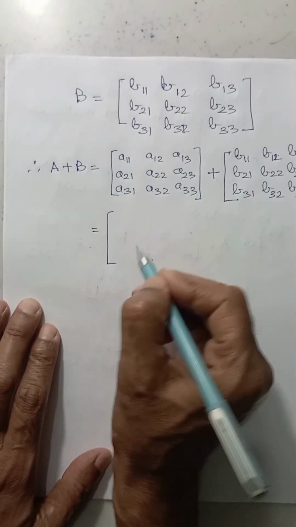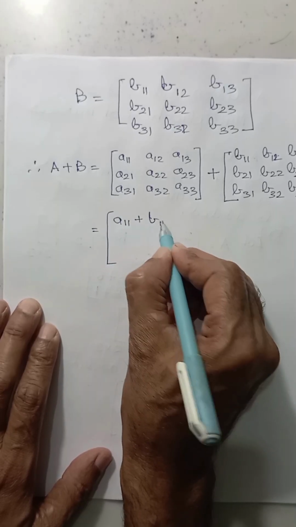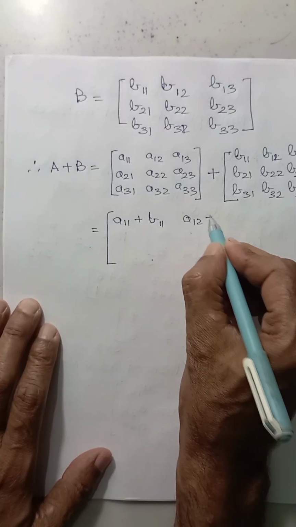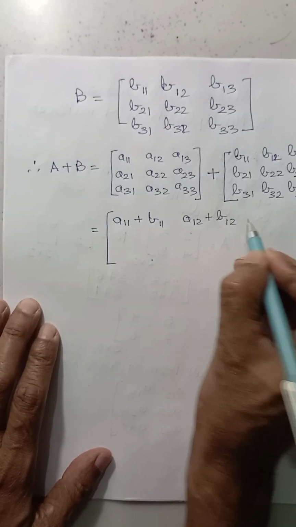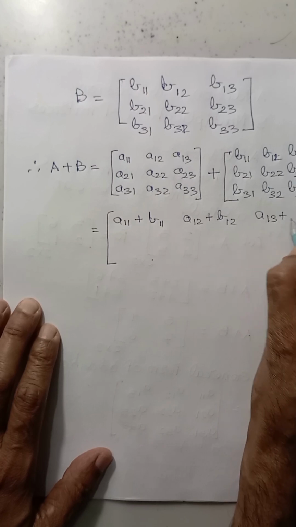So here the resultant matrix will be A11 plus B11, A12 plus B12, A13 plus B13.